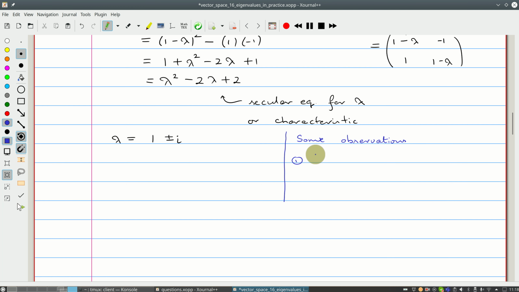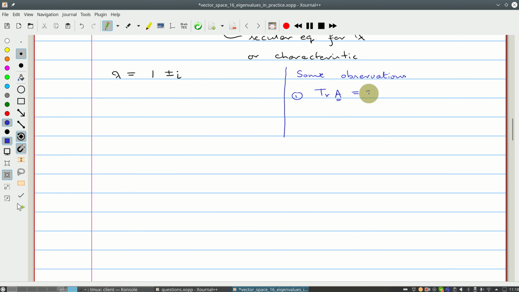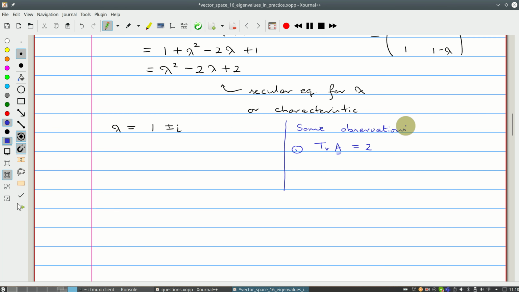One, the trace of A. Let's have a look at the trace of A. It's simply 1 plus 1, that's 2. That's equal to 2. And the sum of the eigenvalues, sum of the lambda i, is equal to 1 plus i, that's the first one, plus 1 minus i, that's the second one, and this is also equal to 2. Hey, they are equal.